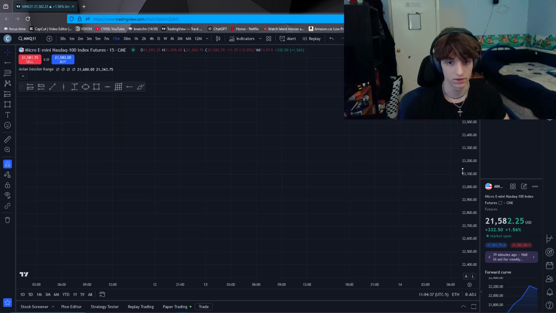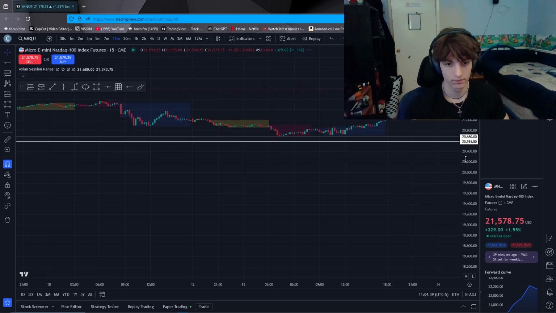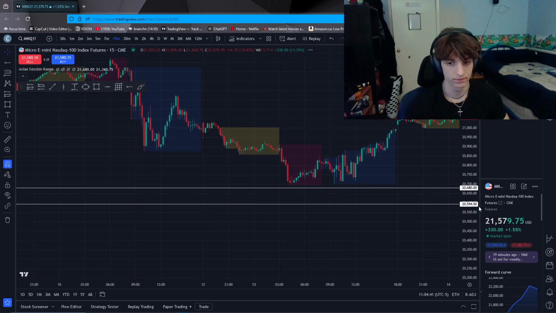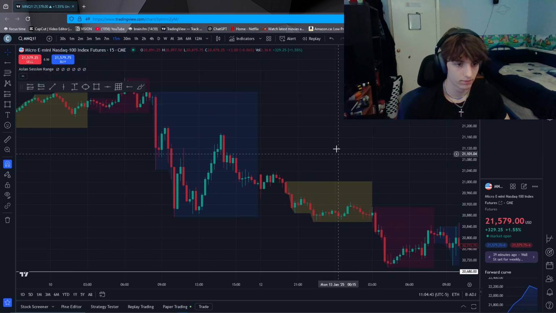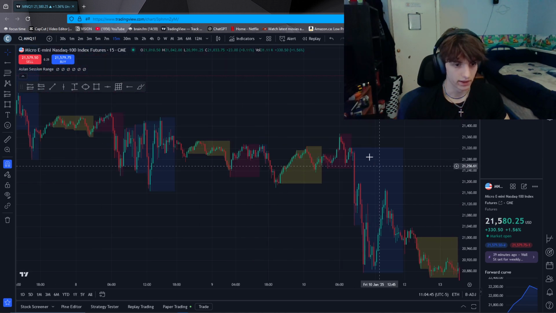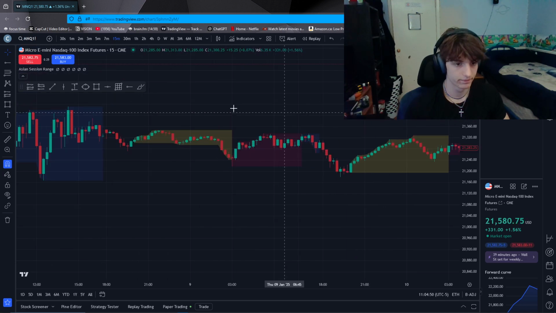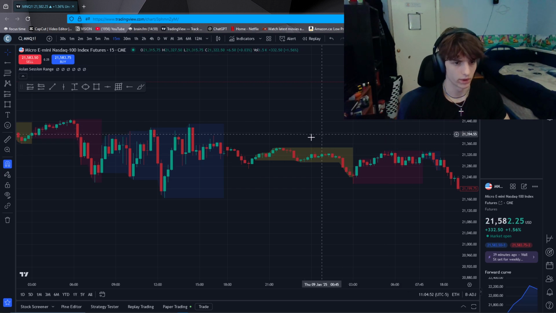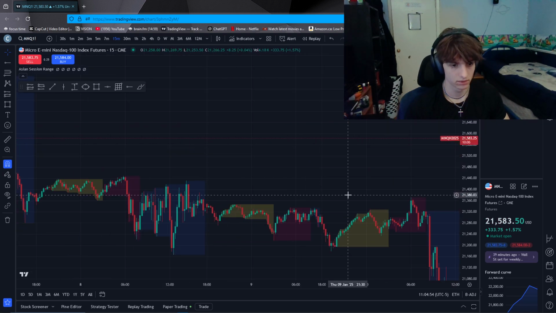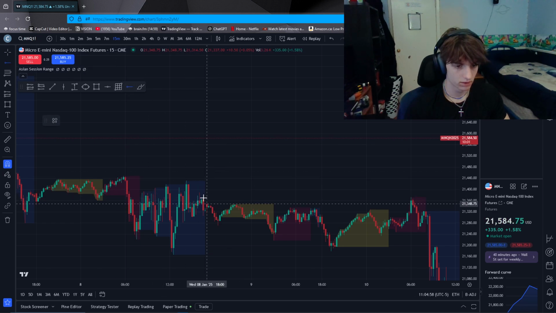Where are my candles? Why does it do that? It's so annoying. I'm gonna stick on the 15-minute. I like the 15 for liquidity sweeps. Oh my, right here. Where'd it go? I just lost it zooming in. Right here. See?